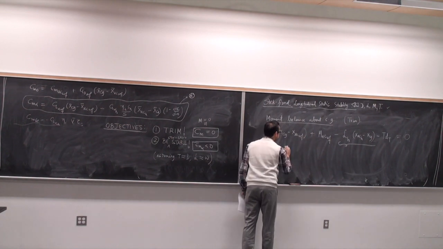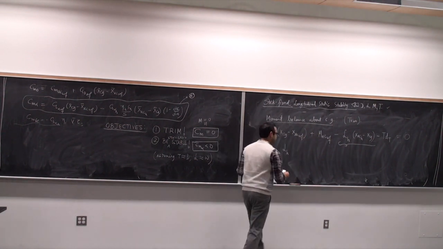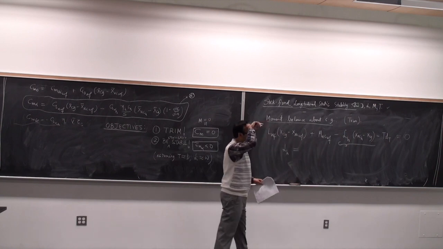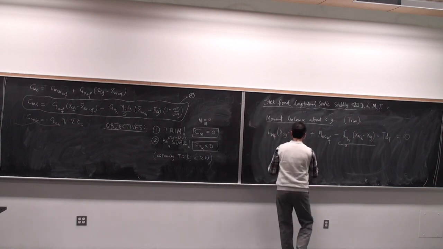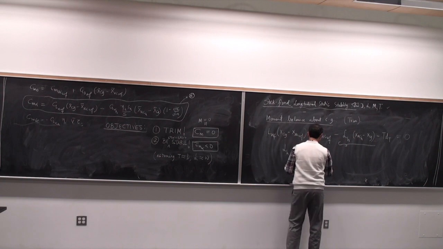So let's solve for L_H, and you get that the lift needed from the horizontal tail is lift from the wing fuselage combination.